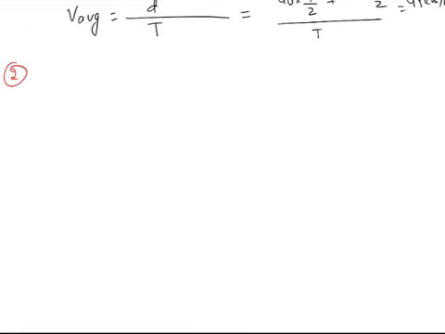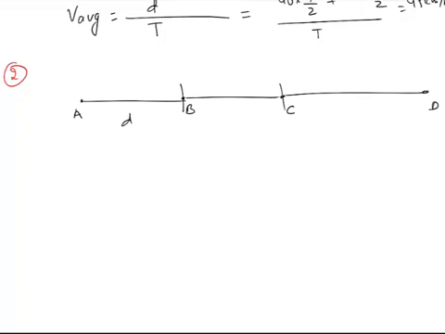Question number 2 says a car travels the first third of its distance, now it's the distance, with a speed of 10 km per hour, second third with 20 and third with 60. Average speed of the car. So now the situation is like this: A, B, C and D. So this is D by 3, this is D by 3, this is D by 3.